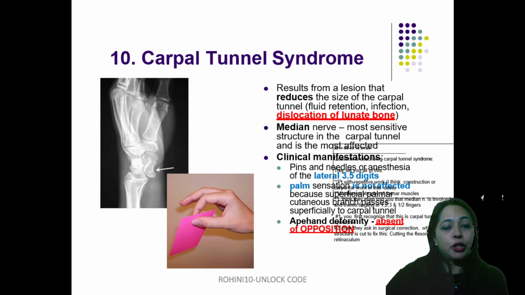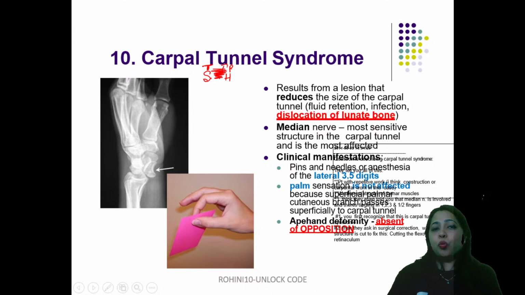Here you can see that there is a connection between the medial and lateral sides of the carpals. Which are on the medial side, and which are on the lateral side? We have the scaphoid, the triquetrum, and here the hamate and the pisiform. The connection between them is known as the carpal tunnel.